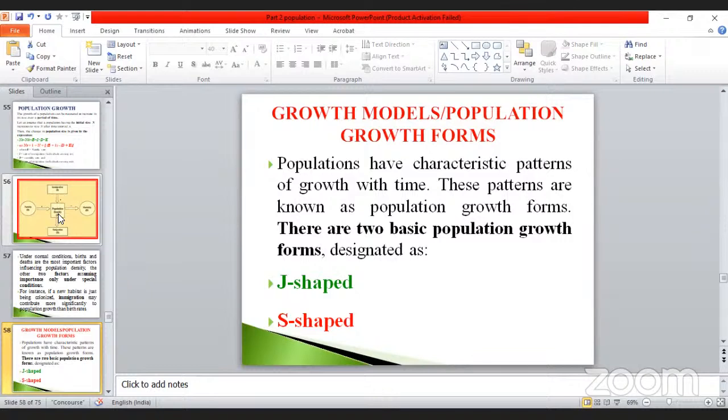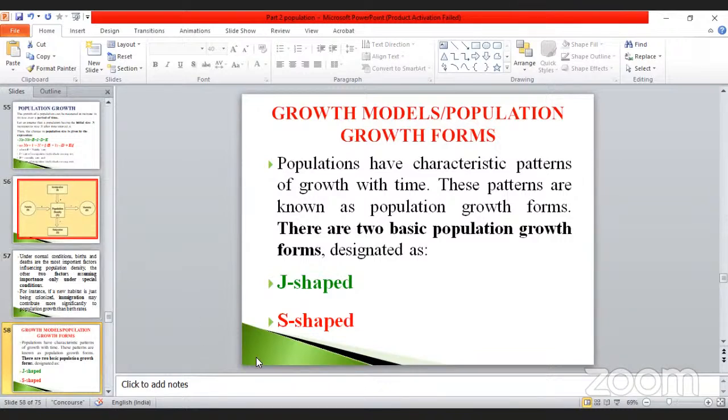The population has characteristic patterns of growth with time. Already you know about the particular duration or time it will require for growth, isn't it? These patterns are known as population growth forms. There are two basic population growth forms designated as the J-shaped growth curve and the S-shaped, otherwise called sigmoid shape.